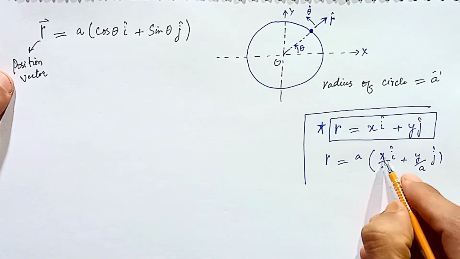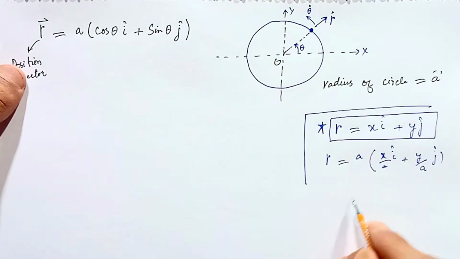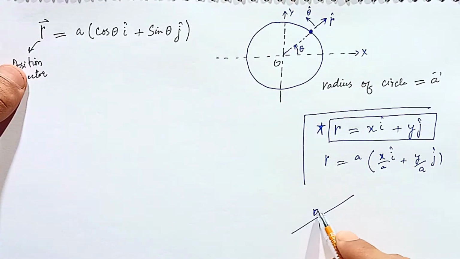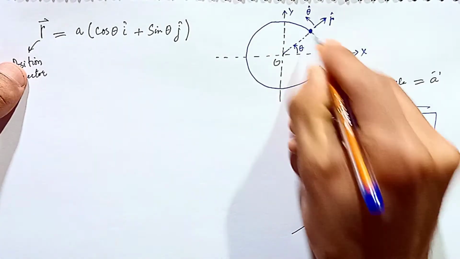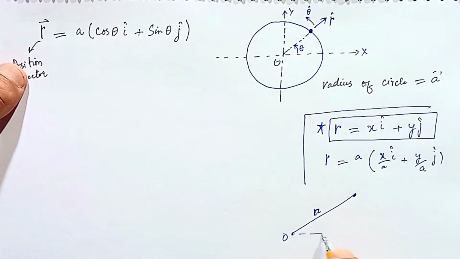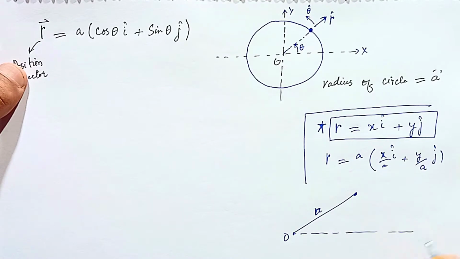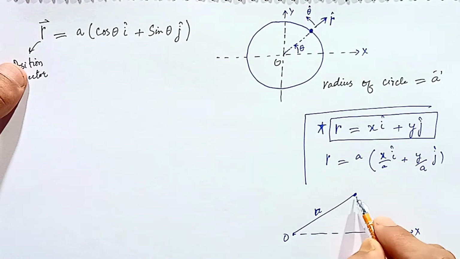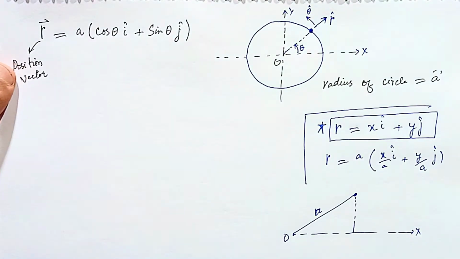So here the position vector has magnitude a, the particle is here, this is the origin O, and this is the x-axis. So draw a perpendicular on the x-axis.